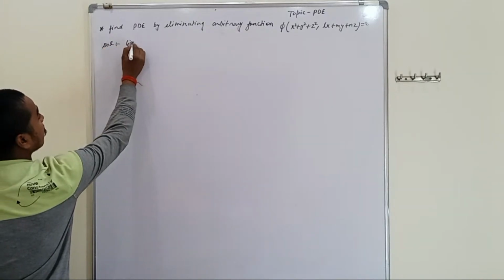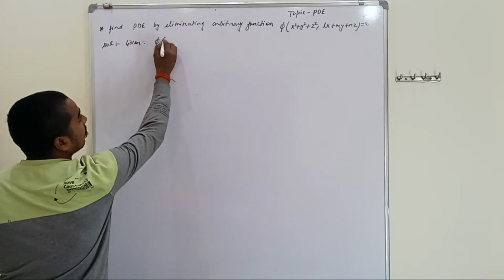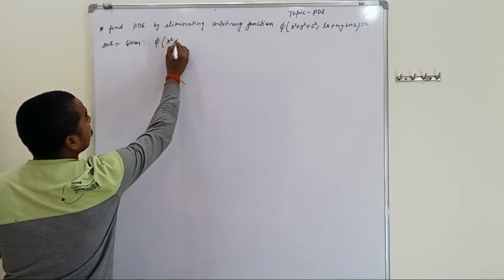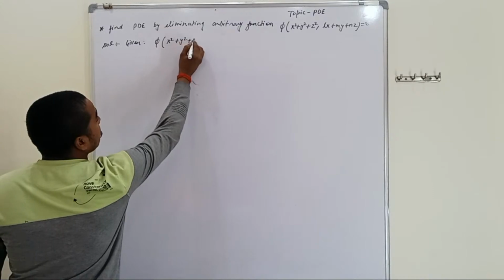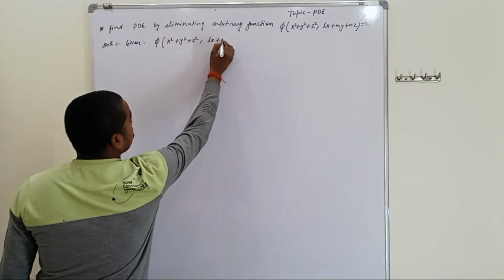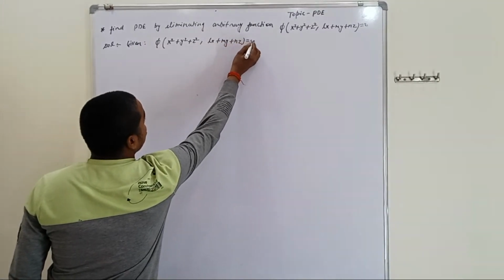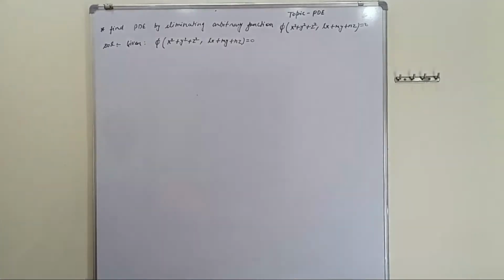Given phi of x square plus y square plus z square comma lx plus my plus nz is equal to 0. This is an important question.